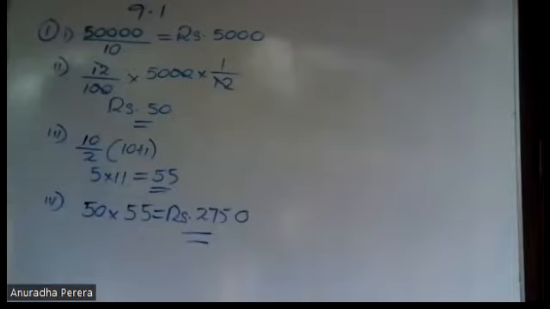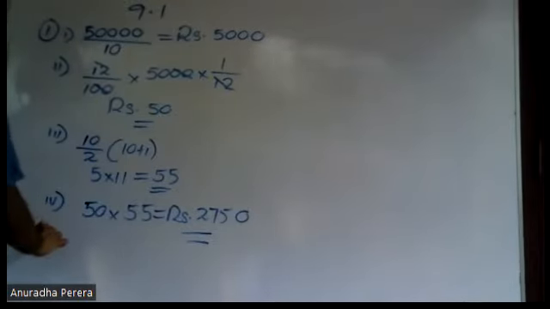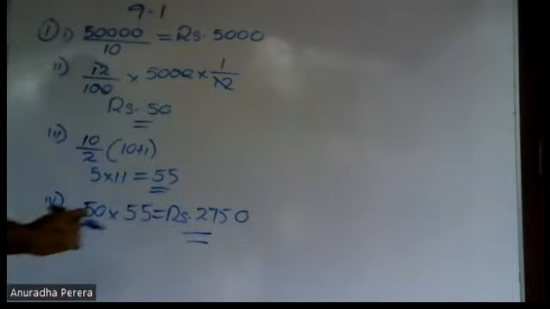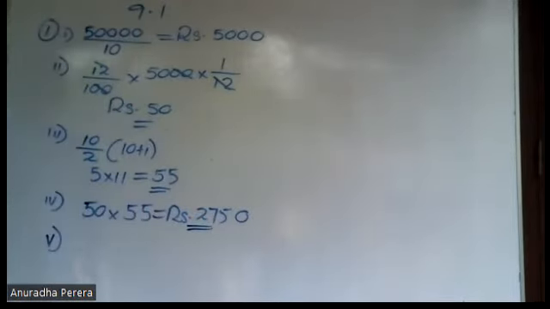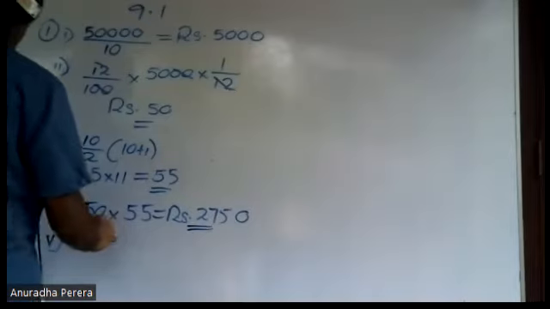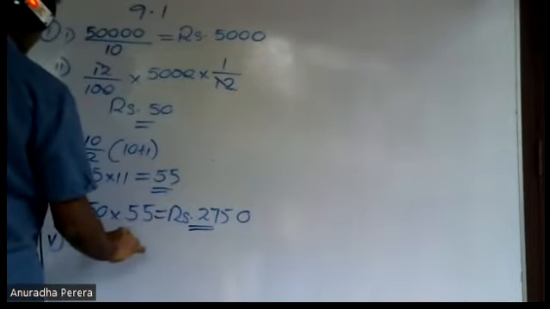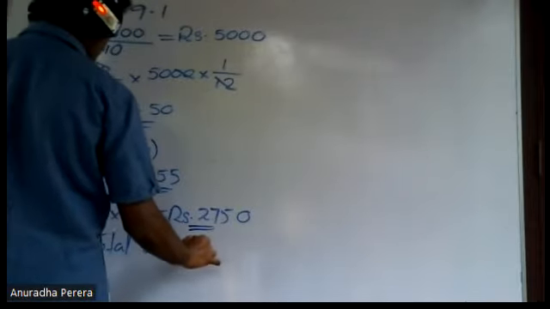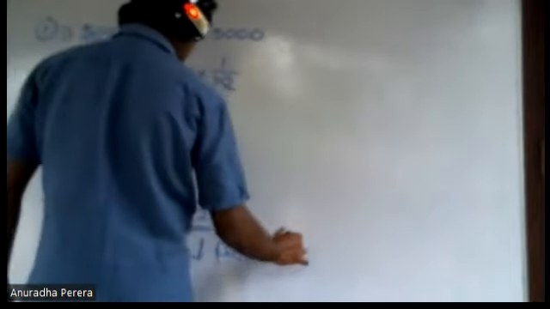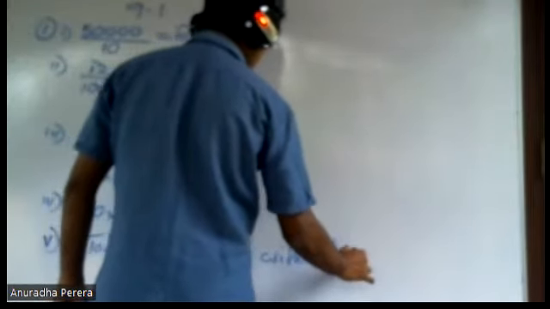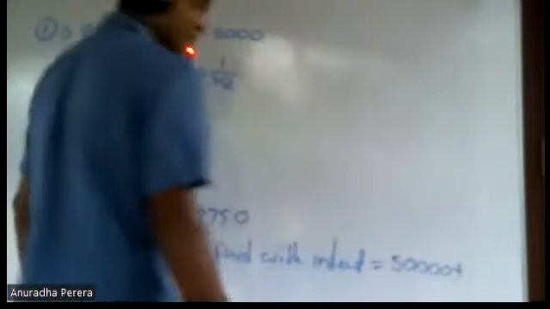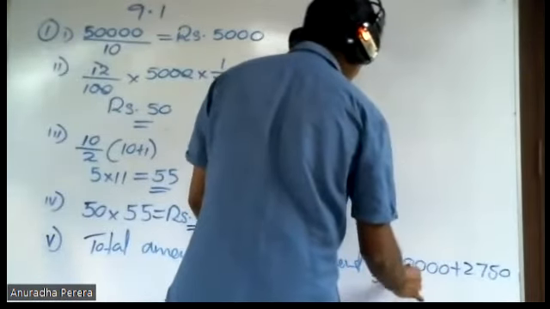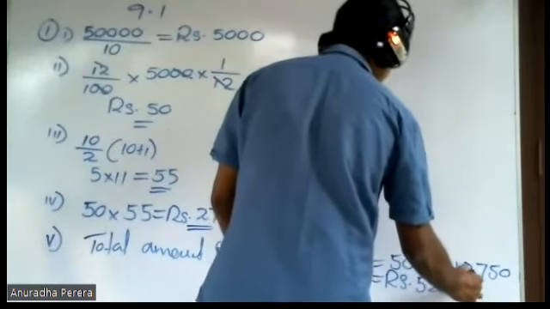Find the amount of monthly installment. Then total amount paid with interest is 50,000 plus 2,750, 52,750.